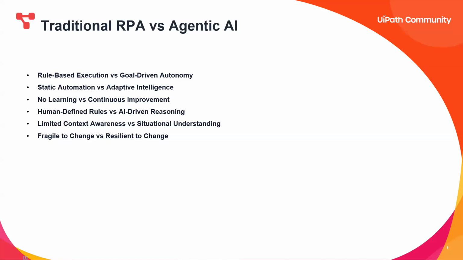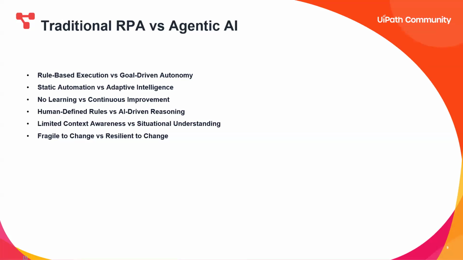Normally, with RPA, the rules are set by human beings, and using those rules the RPA process is performed. With AI-driven reasoning, it takes decisions based on the process and the requirements, and comes up with the final conclusions or solutions.